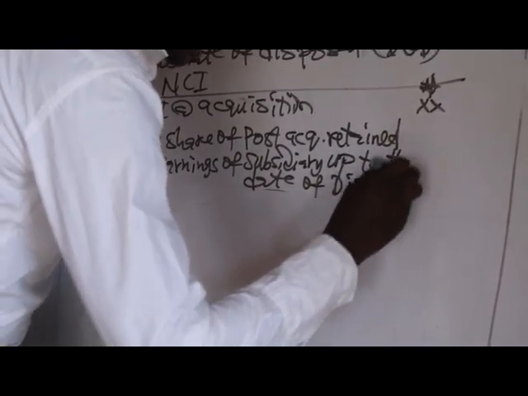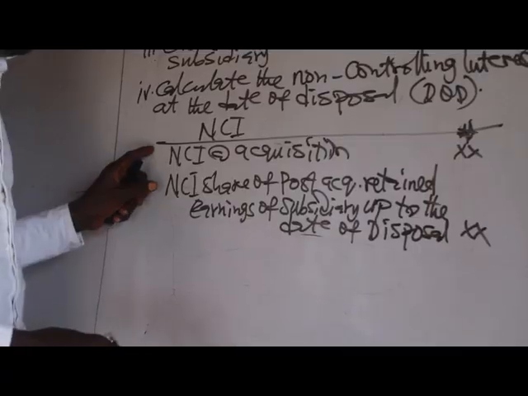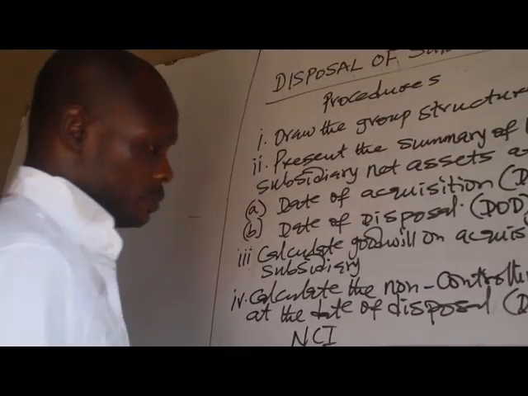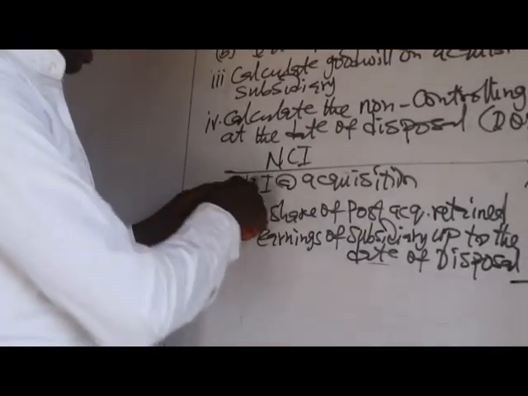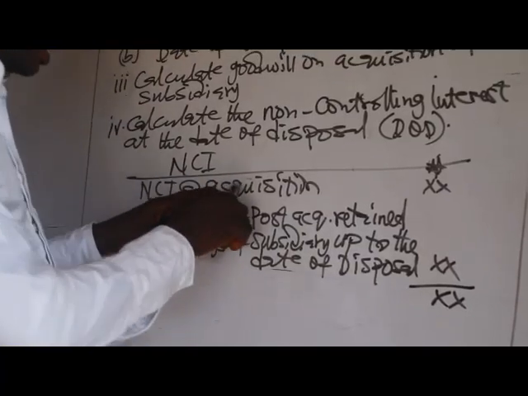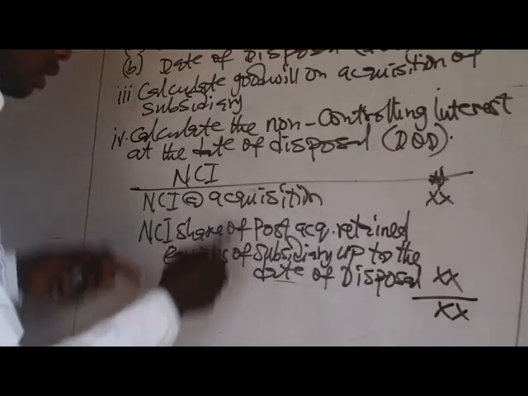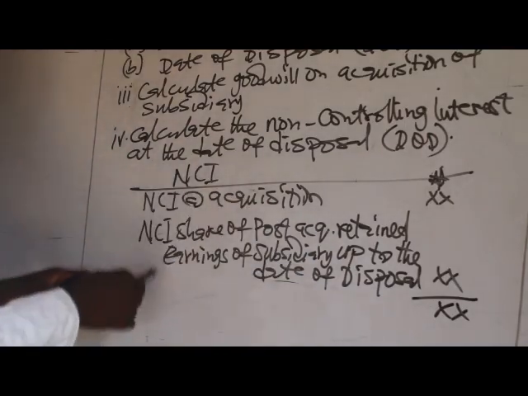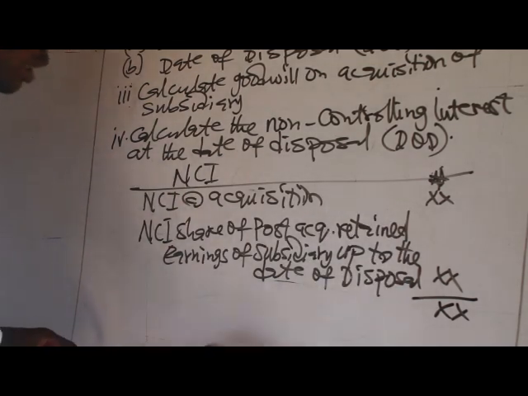The post-acquisition retained earnings you are going to consider will be the retained earnings from acquisition to the date of disposal. Where the NCI is proportional, you apply the percentage attributable to NCI to the net asset at the date of acquisition, and you also have the share of post-acquisition retained earnings. But where the policy is fair value, you have the fair value of NCI, then share of post-acquisition retained earnings up to the date of disposal.